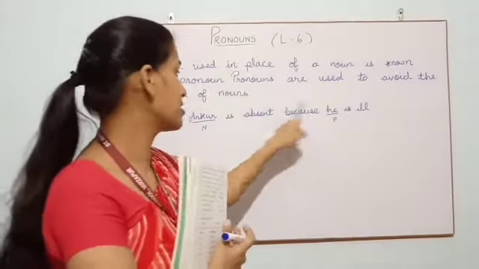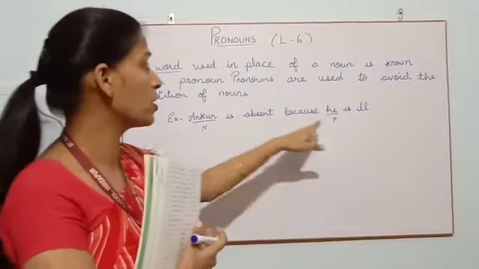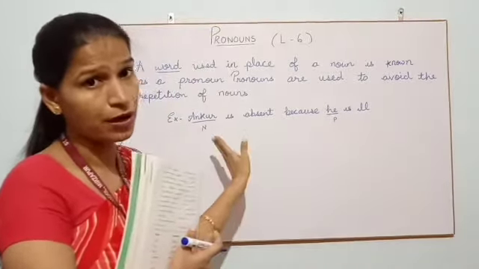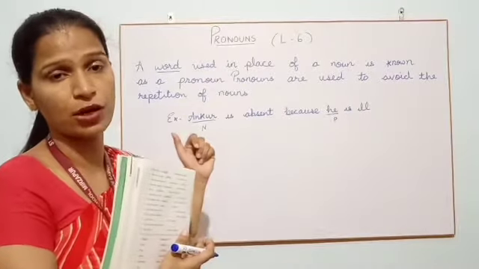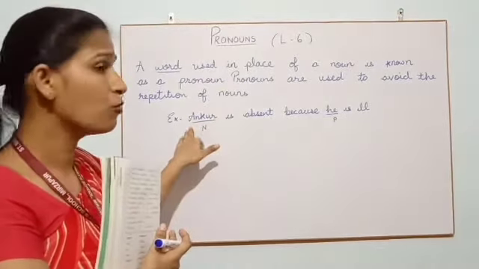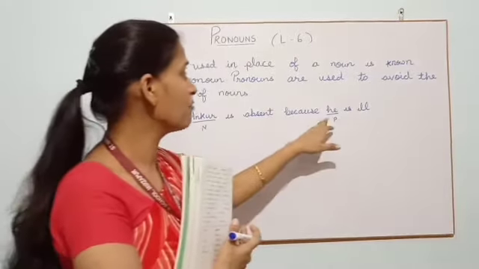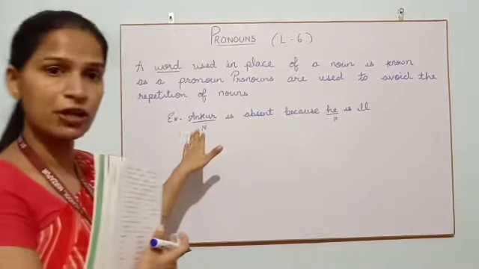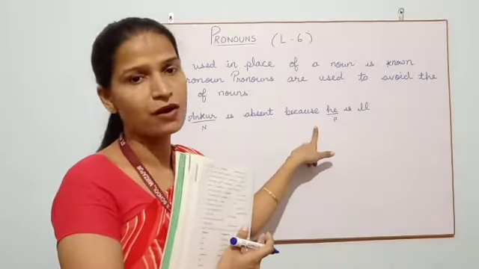He is indicating Ankur. So this is quite clear that we can use the word he for Ankur, and Ankur itself indicates that we are talking about Ankur. So when we are telling about Ankur, this is your noun. But when we have used he to indicate that we are talking about Ankur, that he is ill, this he is your pronoun.